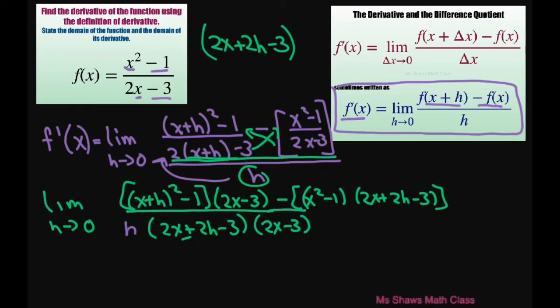I'll put it here. Now from here on out, to make this easier, because we're going to have a lot of work to do in this numerator, I'm going to call this part d for denominator. So this is going to be d, and now we're going to simplify our numerator, and we'll leave the h out because we're going to have to get rid of that. If I have to keep writing the denominator, it's going to get really messy, and it's going to take too long. All right, so let's clean up our numerator. I'm going to expand this.